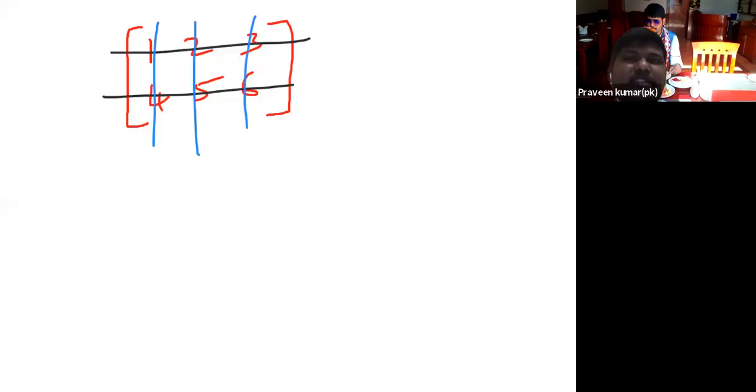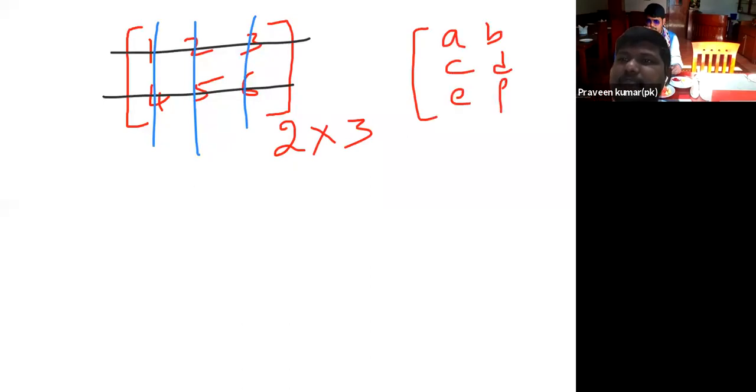This matrix contains how many rows? How many black lines are there? 2. How many columns are there? 3. So 2 cross 3. Suppose a matrix is given like this: A, B, C, D, E, F. Here, how many rows are there? 3 rows, correct?